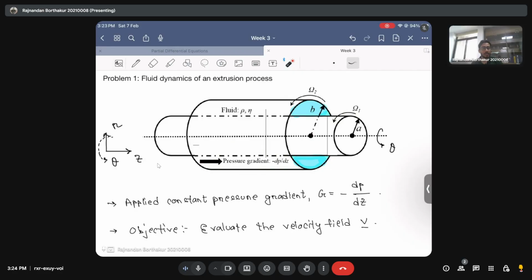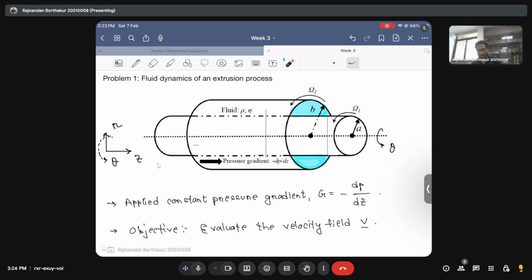But you need to understand that the magnitude of this pressure gradient is very, very high, because you need to take this hot molten material outside this die, right? It is typically in the order of megapascals. I was checking the internet today, and that's the typical pressure that people apply when they want to take out the molten material from the die.